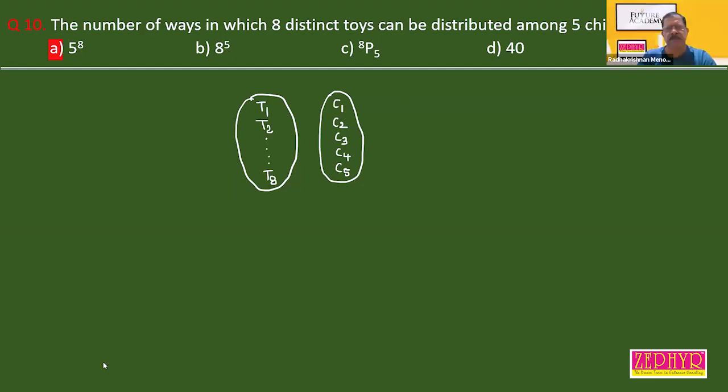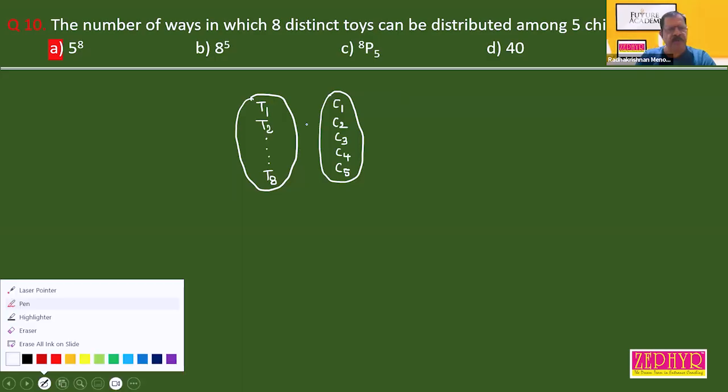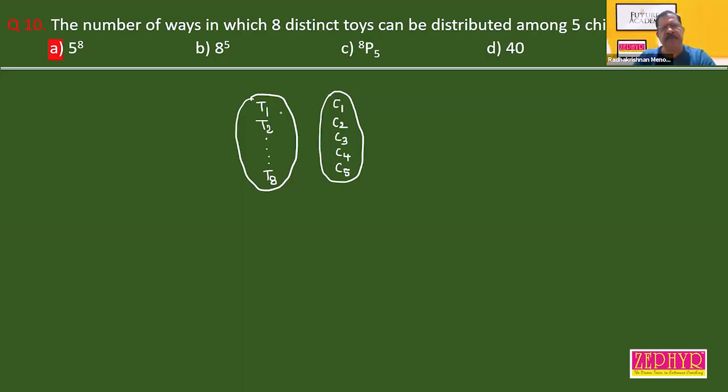How? The first toy can be given to any one of the children in 5 different ways. T1 can be given in 5 different ways.